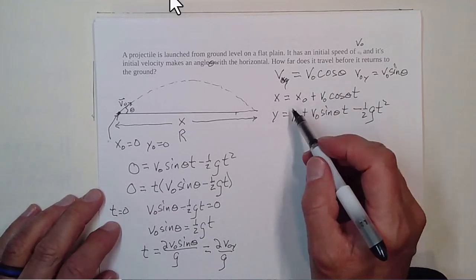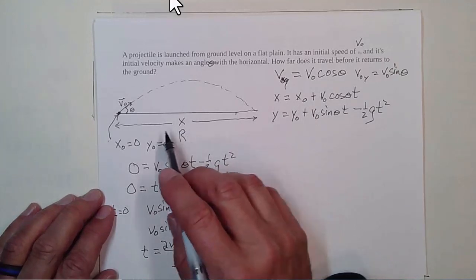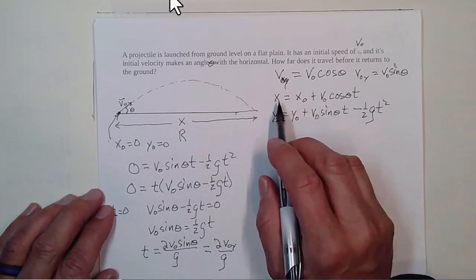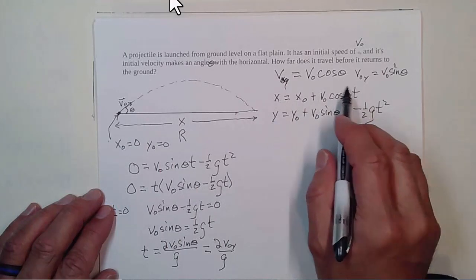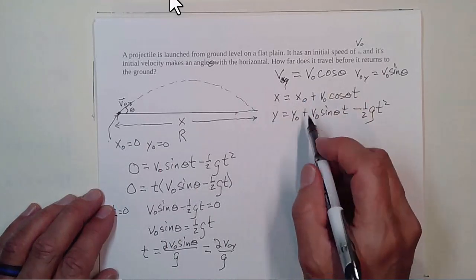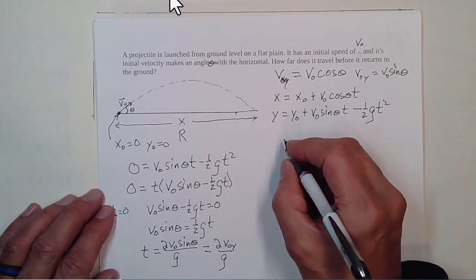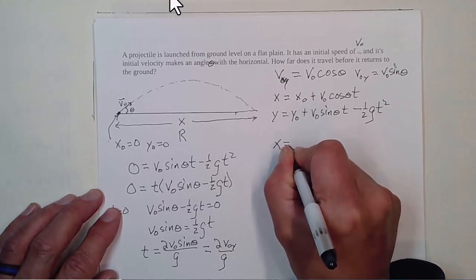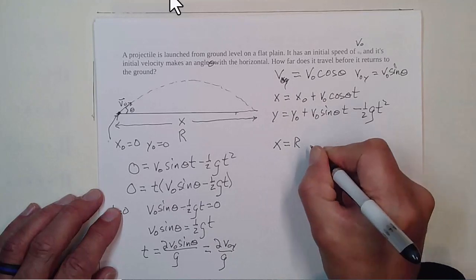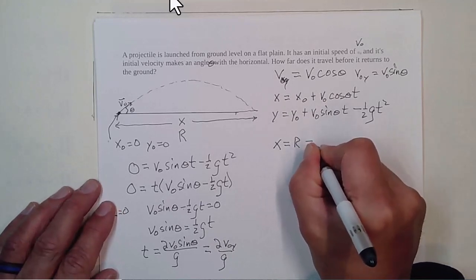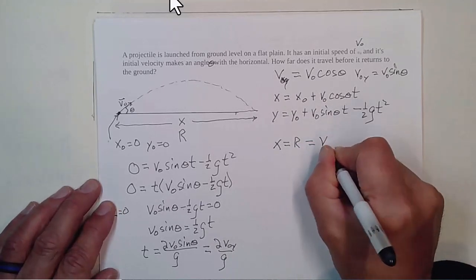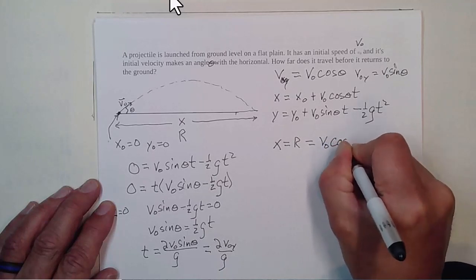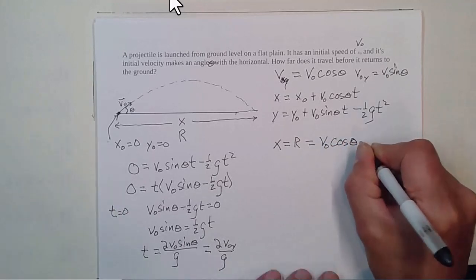Now, the range that the projectile travels, we can solve this equation for that. Now, x naught is equal to 0, so the total distance traveled, which we could just call x, but we can also call it r, the range of the projectile, is going to equal v naught cosine theta times t.